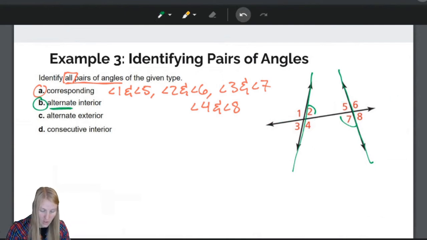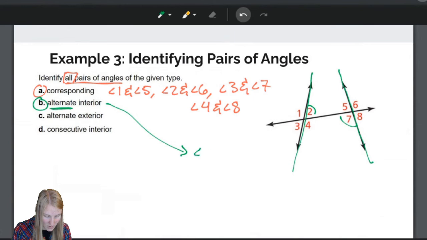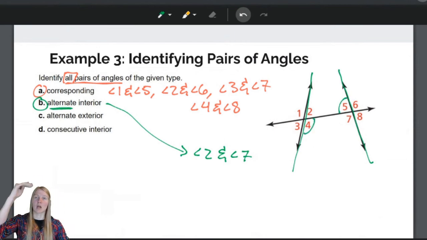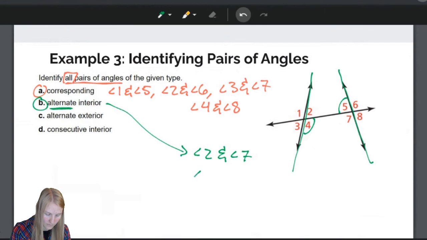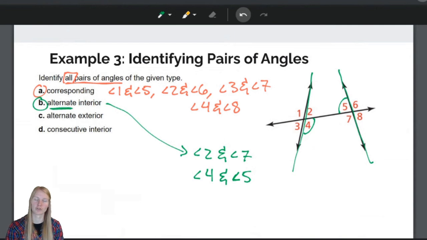So 2 and 7 are on opposite sides. So we have angle 2 and angle 7. But angle 4 and angle 5 are also on opposite sides of the transversal. So I have angle 4 and angle 5 are also alternate interior angles.